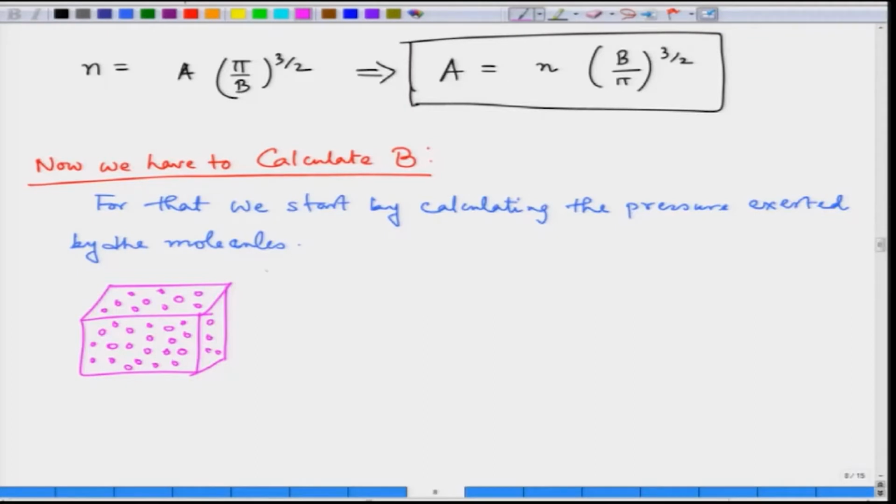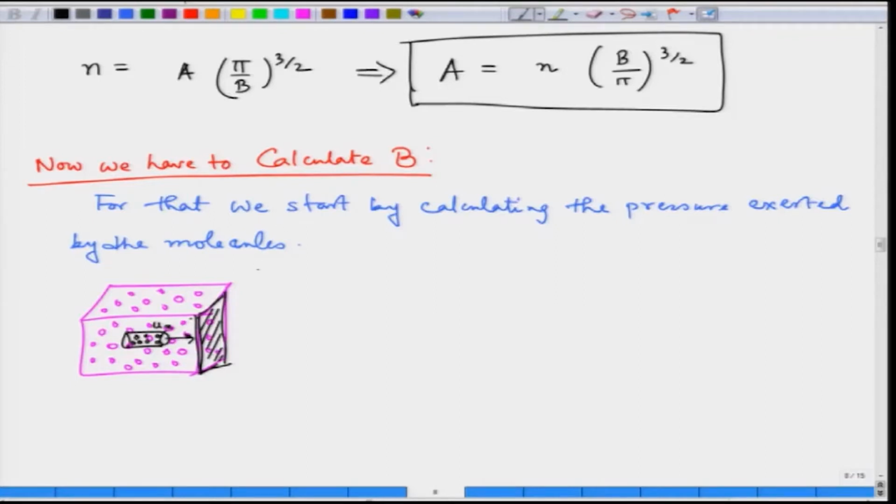Now, let us assume one cylinder of molecules. This is the typical technique. One cylinder of molecules having x component of velocity ux, and the cylinder is moving towards the positive x direction. We will be calculating the pressure exerted by the gas molecules on this wall of the container.